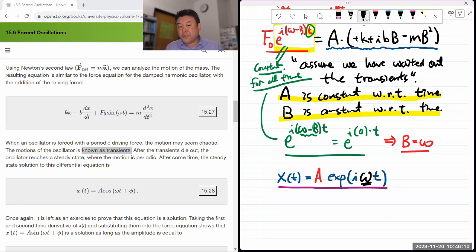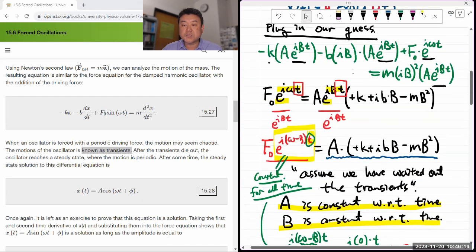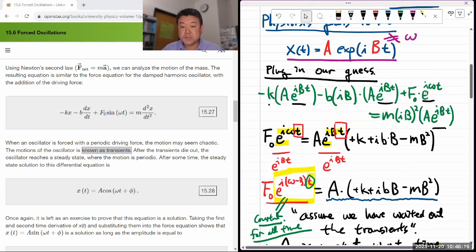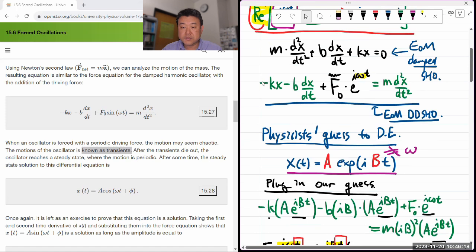It's boring in the sense that we said we are driving this oscillator at this frequency, and in looking for a stationary solution, we end up saying the driving frequency is the oscillating frequency. But hopefully that makes intuitive sense.